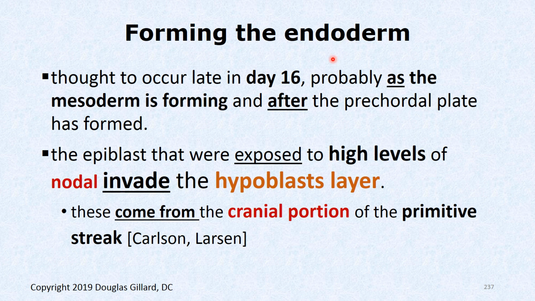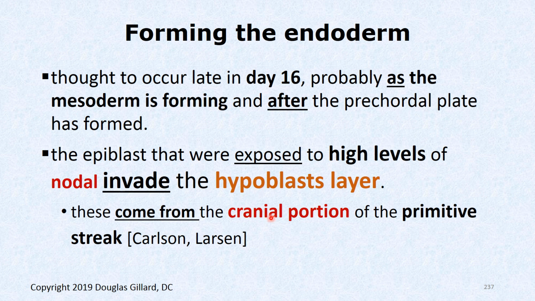So the endoderm, we kind of said that already, but the cells that were exposed to more nodal have more energy. They go right through the mesoderm and they hit the hypoblast layer and they kick those hypoblast cells right out of there.